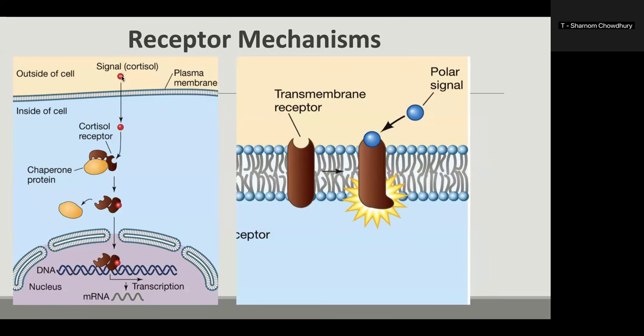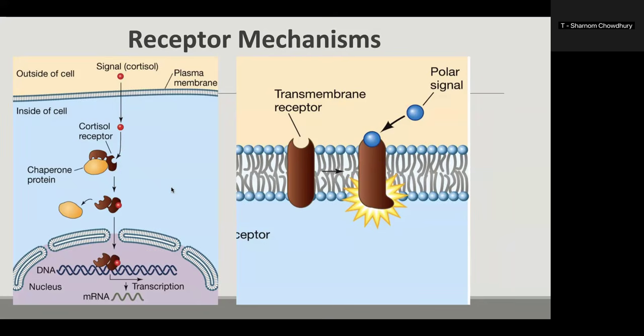Cortisol is lipid soluble, which means it can go through the cell membrane really easily. It goes through the cell membrane, now it's inside the cytoplasm. Once it's inside the cytoplasm, it can bind to a receptor molecule within the cytoplasm itself, and then that causes further changes later on. So this is what's known as a cytoplasmic receptor. A receptor inside the cytoplasm binds to a signaling molecule that can transport directly through the membrane.